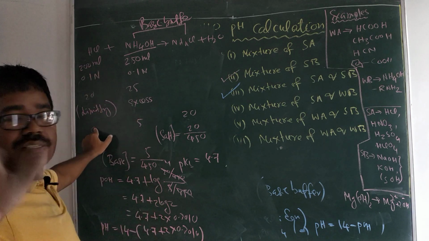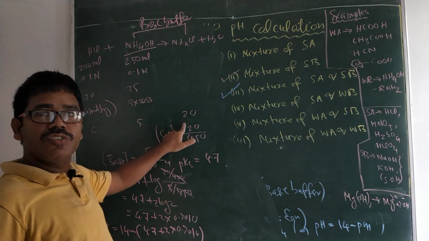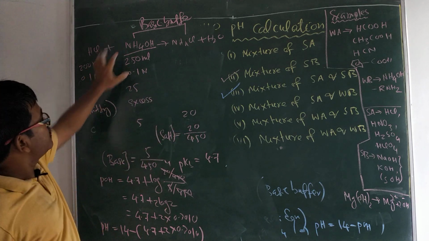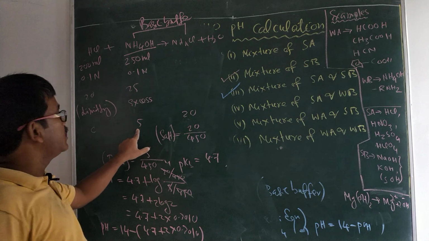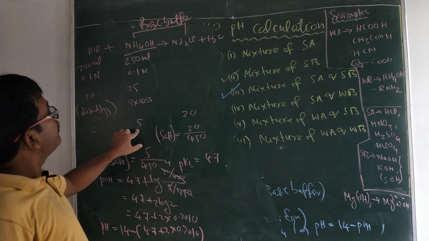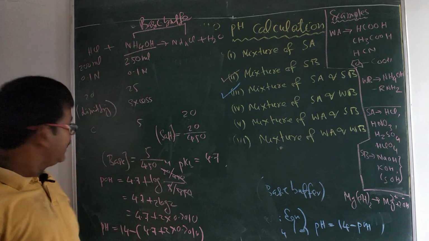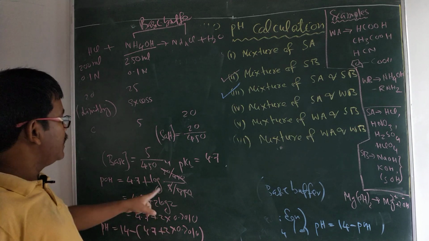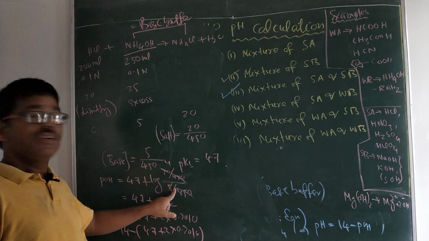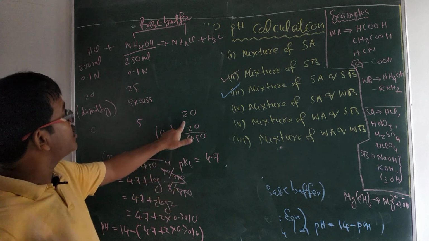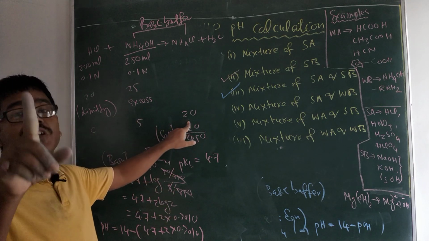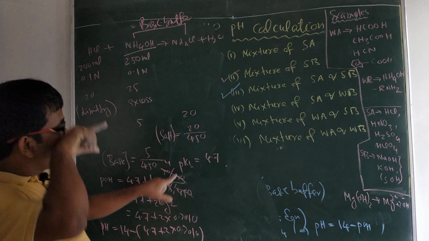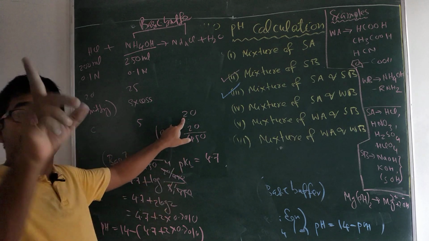Milliequivalent of the limiting reagent will be the same as the milliequivalent of the salt, and the excess base, 5 milliequivalent of the base, will remain behind. Therefore, this is a case of a basic buffer. In case of a basic buffer, the Henderson equation is pOH equal to pKb plus log of salt by base concentration. The salt and base concentration is the concentration after the reaction, not the initial concentration. Please keep in mind that the salt and base concentration is after the reaction.